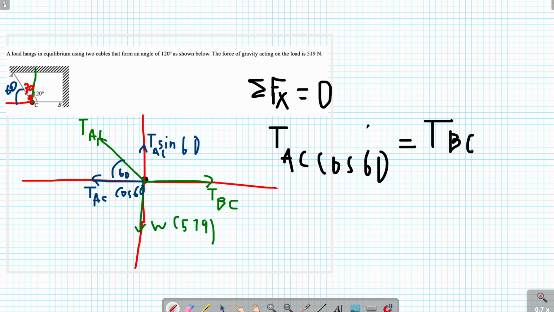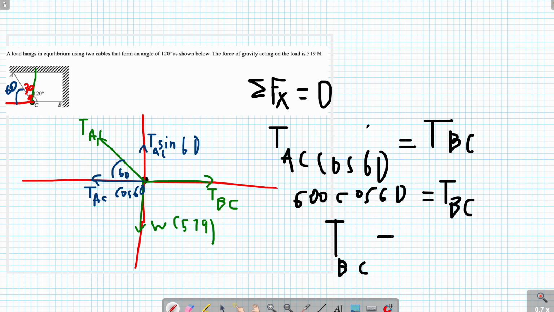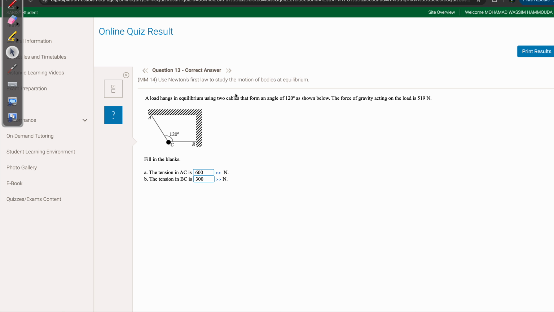Okay, so 600 cosine 60 is tension in BC. You get tension in BC is 300, which is what we have here.